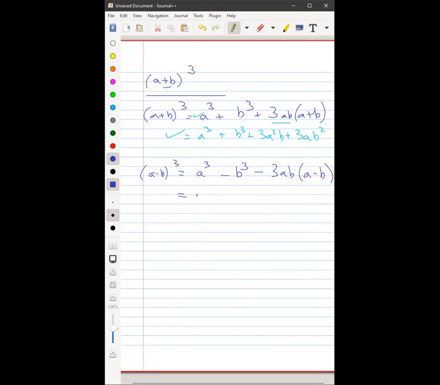Or we can write this as a cube minus b cube minus 3a squared b plus 3ab squared. Here there is a plus sign, remember this. Just remember this formula and it will be easy for you to expand it further.